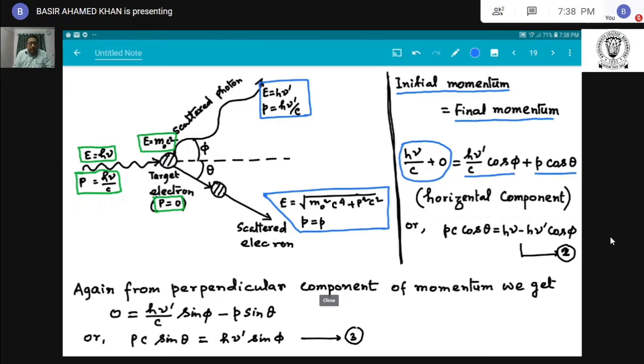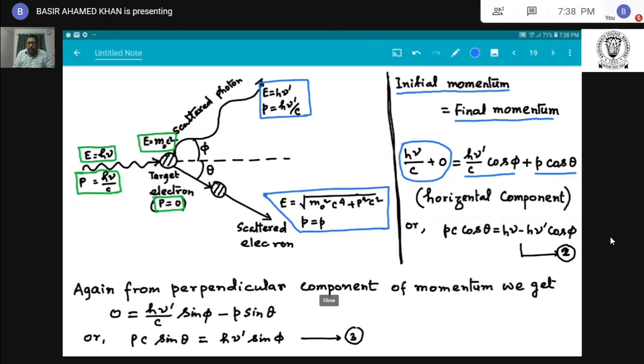I already said, phi is the angle of scattered photon with the direction of incident photon, and theta is the angle of scattered electron with the direction of incident photon.